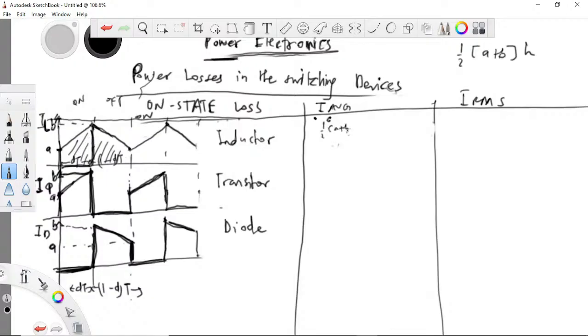This was half (A plus B), height is dT, plus half (A plus B) times (1 minus d)T.